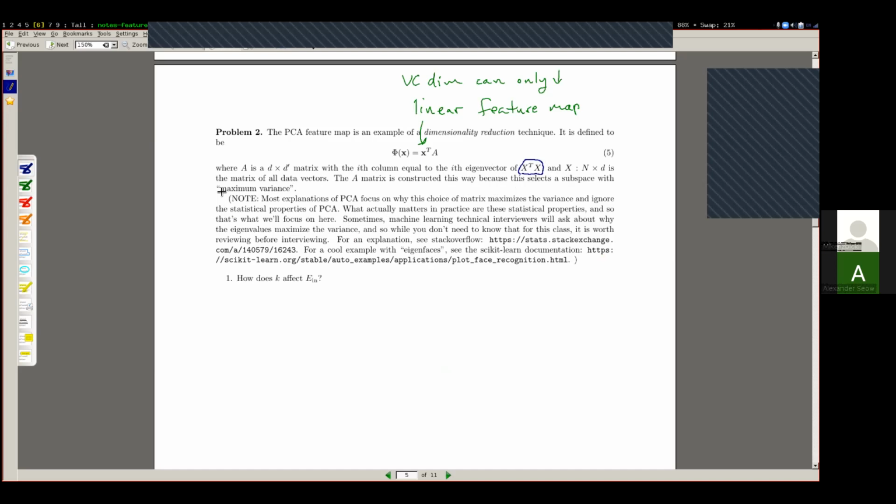And I think, let's see, so I have this big note down here, this big paragraph. The idea of this paragraph is that if you're in technical interviews, it's very common to ask how PCA works. And it's very common for people to expect the explanation to somehow involve this statement of maximum variance and explaining why it's the maximum variance. But that actually doesn't matter in practice because it doesn't affect any of the statistical properties.